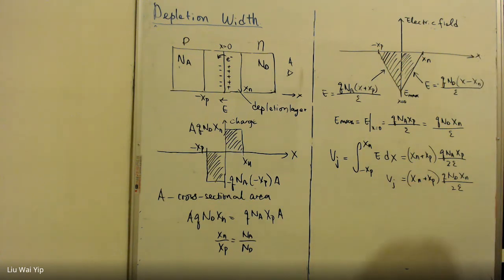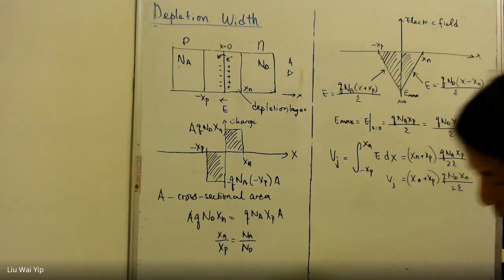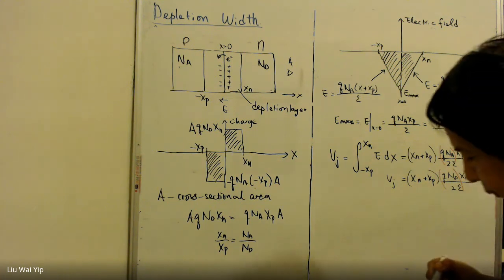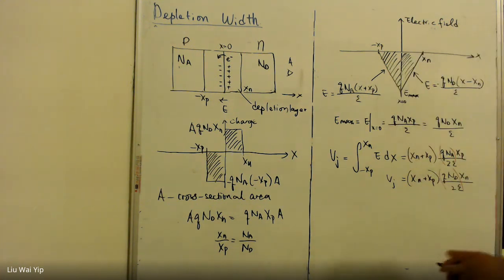Now, let's move this portion of the expression to the opposite side. So we have equation 1 here, and we have equation 2 here.